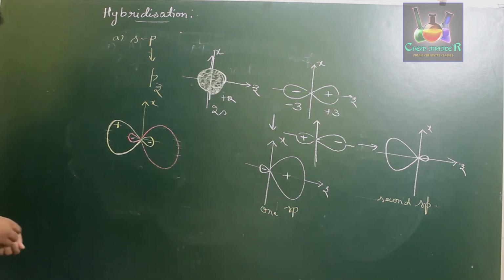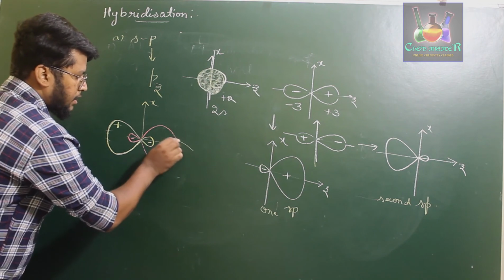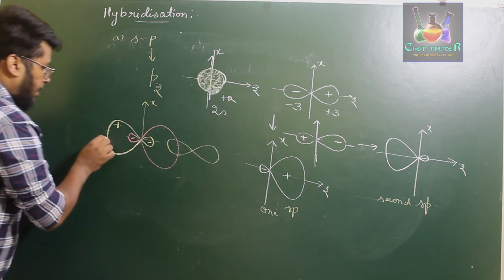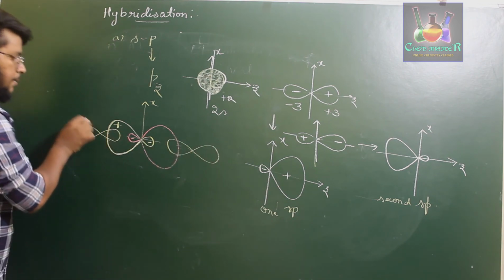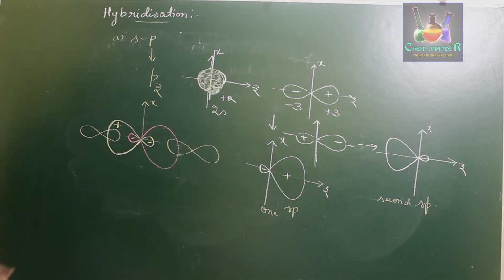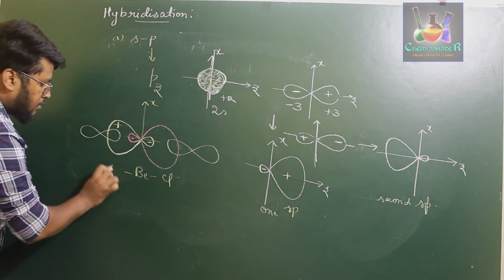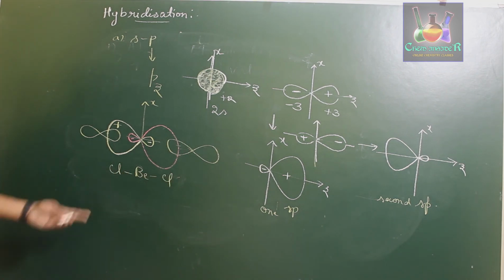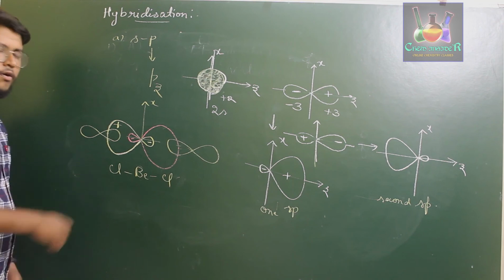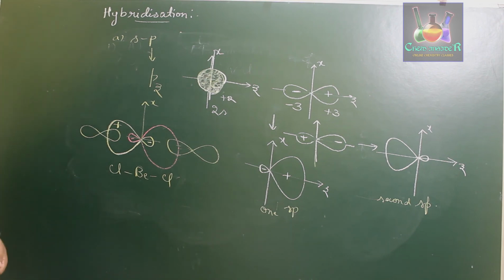So if you clearly observe over here, the chlorine's pz orbital on either side gets overlapped with the sp hybrid orbital of beryllium to form BeCl2. Okay, so this is how beryllium chloride forms with sp hybridization.